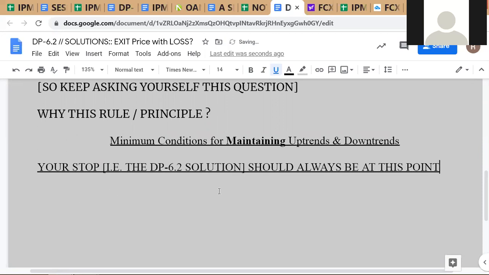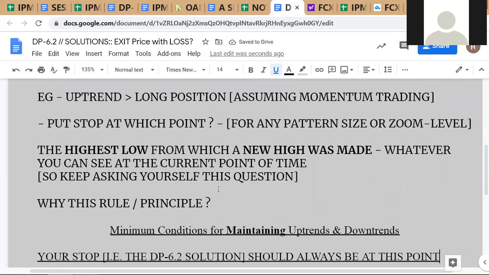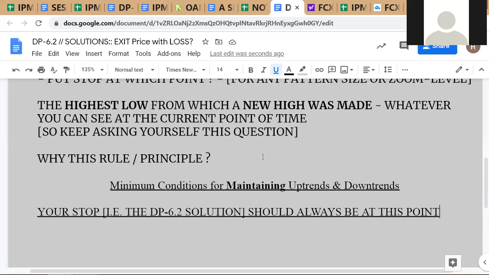Okay, this point means the point which is the answer to this question, which you have to ask yourself theoretically every second. Okay, obviously in real life, if you're not a computer, you can't do it every second. You do it maybe once, 3-4 times a day. If you're a short-term trader, you'll do it maybe once a day if you're a long-term trader. But the point is, ideally, you have to conceptually think of it as every second.